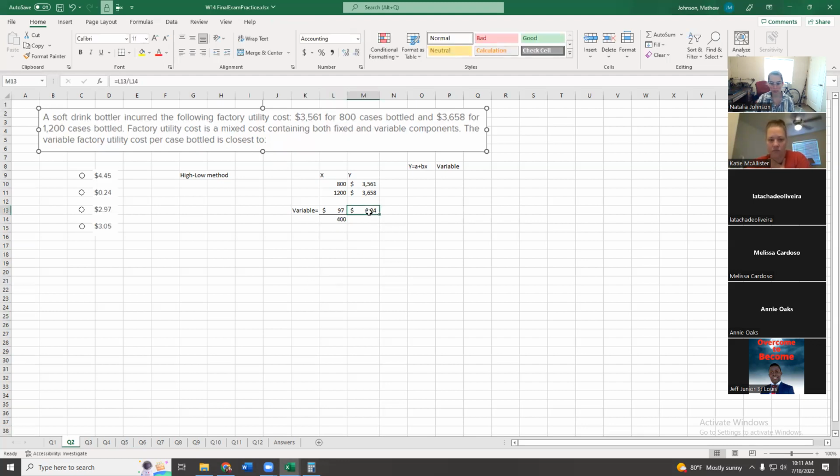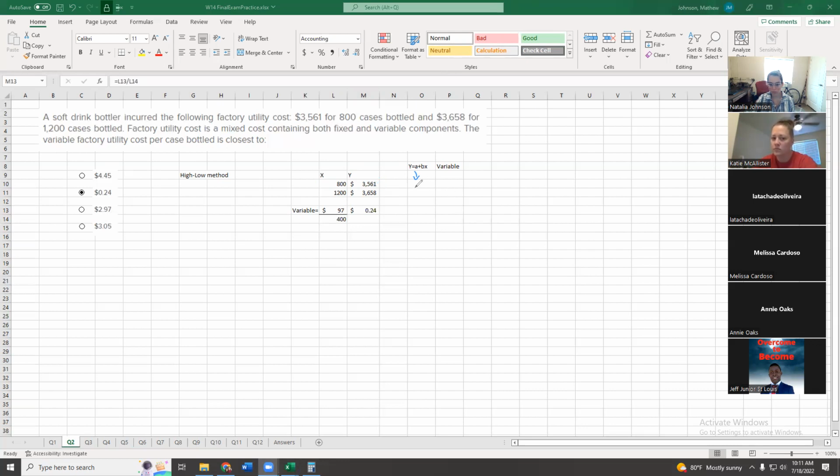So now if we have the variable, we could find A, the fixed cost, but for this question, they're asking for the variable cost, so that would be it. But if they're asking for the fixed cost, then we will use this formula, and we change the Y by one of these Y's, no matter if it's the high or the low.